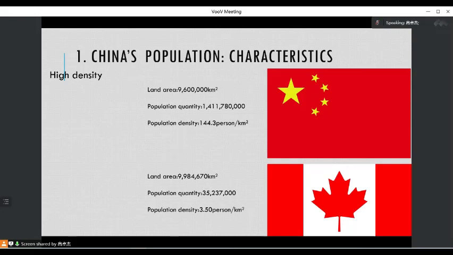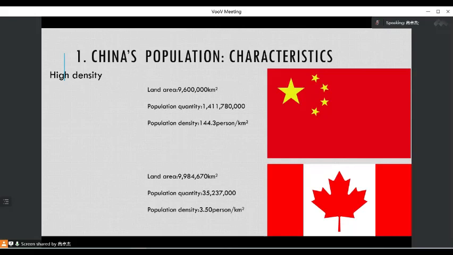You can translate this, 怎么翻译？ The square, 平方, square kilometer. Do you know this? Yes. Okay.